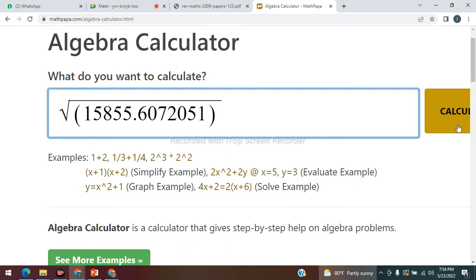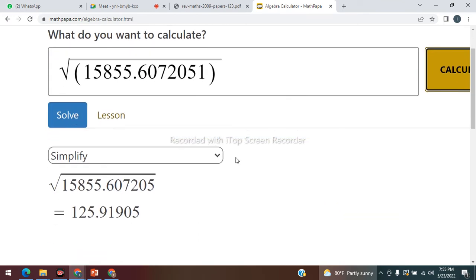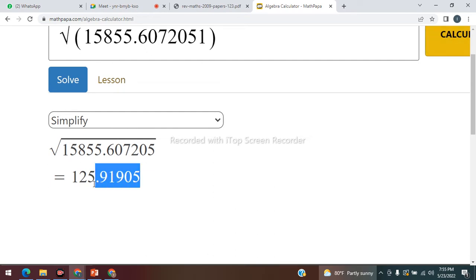Well, this might be a bubble calculator, so anyone want a second? I get 125.919. Okay. Alright. So that sounds right, Mr. Pepper. 125.91905.